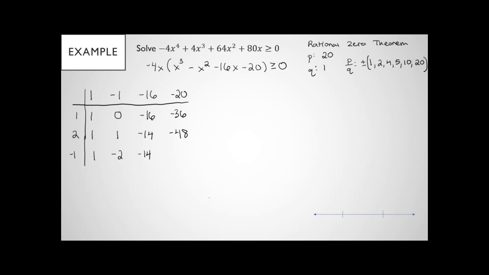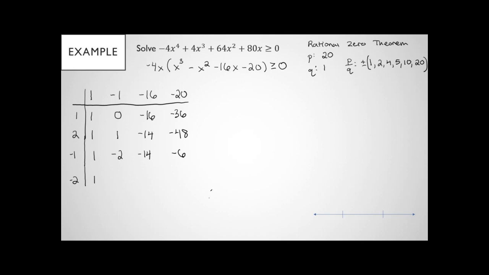And then -1 times -14 is a positive 14 minus 20, we got negative 6. Okay. So we're getting closer to 0 because I went from 1 to negative 1 and I got negative 6. So maybe I want to try negative 2 here. And hopefully I'll find a 0.